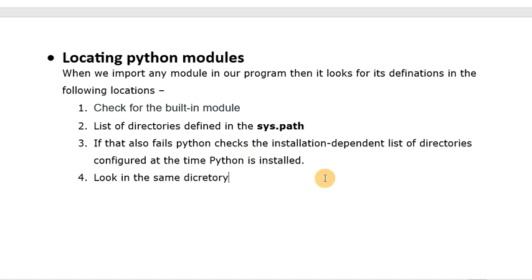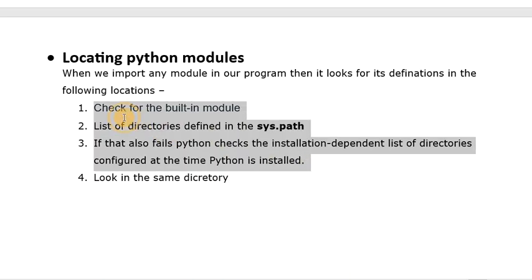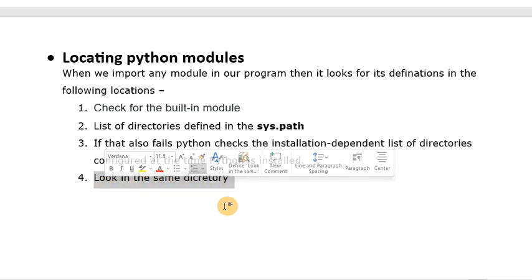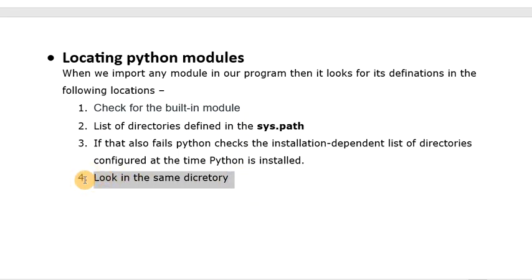In our case, all three conditions are going to fail because this is the custom module we have created and it is available in the same directory. So the fourth condition is going to find that particular module. This way, guys, Python looks for a particular module definition.